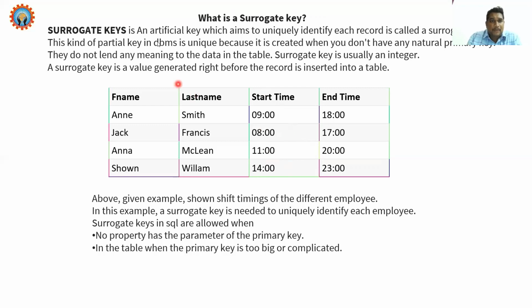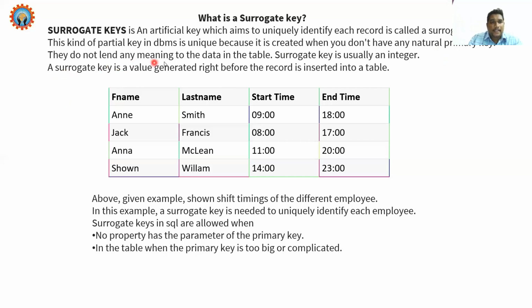Okay, see, an artificial key which aims to uniquely identify each record is called a surrogate key. This kind of partial key in DBMS is unique. This type of relation is mostly not available in the real world, because if you construct any relation, there should be a primary key. It is created when you don't have any natural primary key. If there is no primary key in a relation, then you have to artificially create a surrogate key.